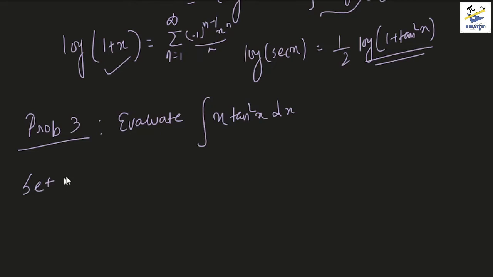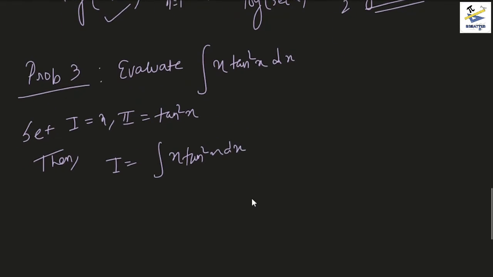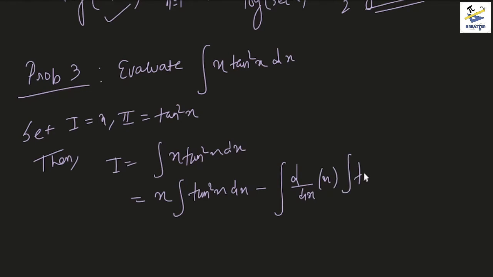So again, set first function as x, second function as tan square x, then I equals integral of x into tan square x dx, and applying IBP, what we get is this: x into integral of tan square x dx minus d/dx of x into integral of tan square x dx.